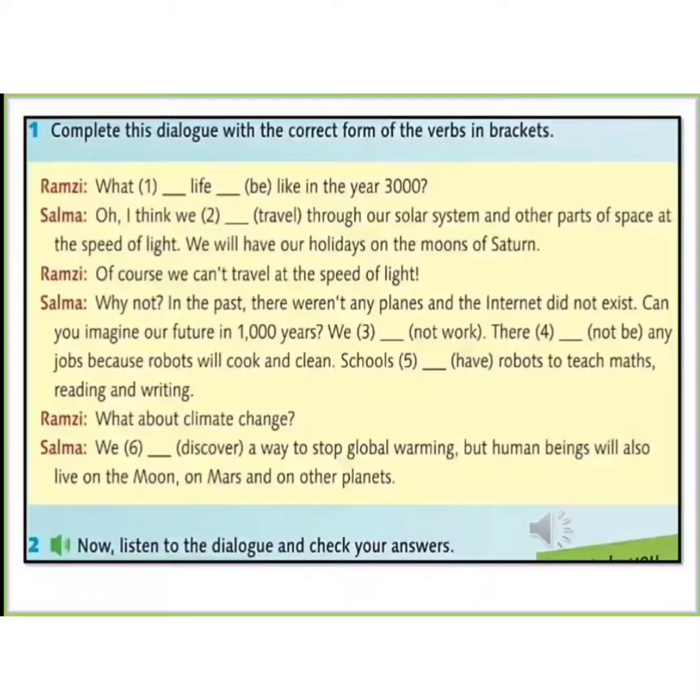In the past, there weren't any planes and the internet did not exist. Can you imagine our future in 1000 years? We won't work. There won't be any jobs because robots will cook and clean. Schools will have robots to teach maths, reading and writing. What about climate change? We will discover a way to stop global warming, but human beings will also live on the moon, on Mars, and on other planets.